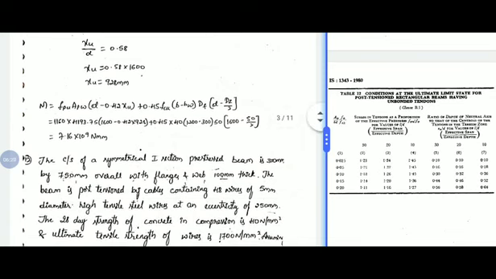Next problem, the cross section of a symmetrical I section pre-stressed beam is 300 mm by 750 mm overall with flanges and web 100 mm thick. The beam is post tensioned by cables containing 48 wires of 5 mm diameter high tensile steel wires at an eccentricity of 250 mm.